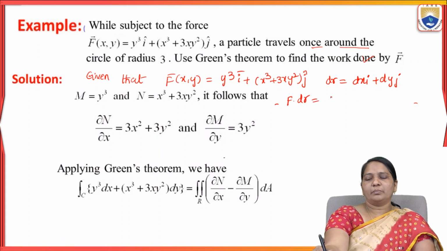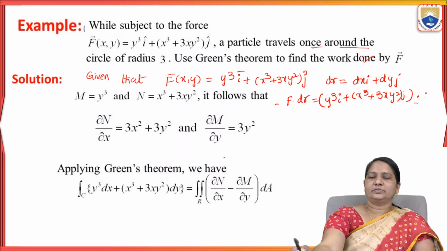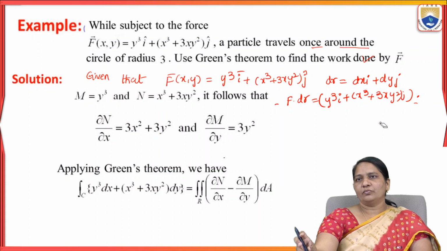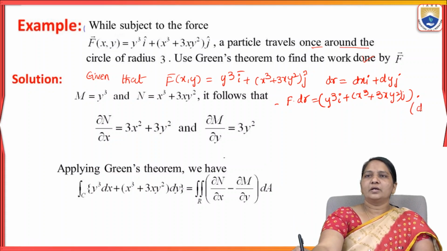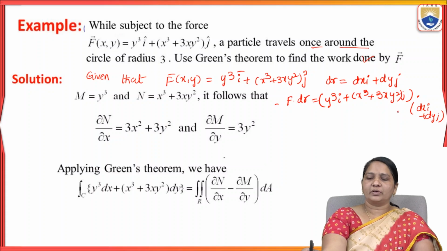F bar is y cube i plus (x cube plus 3xy square) j, and dr is dx i plus dy j. So by using this, we are going to do the dot product now.